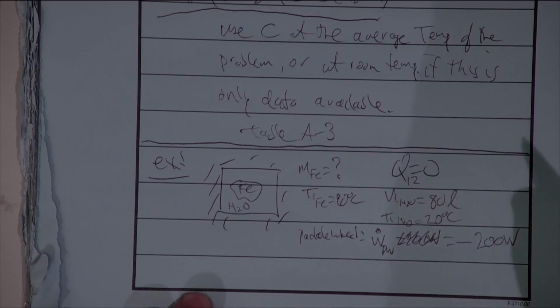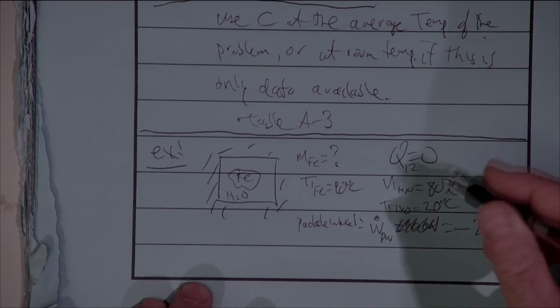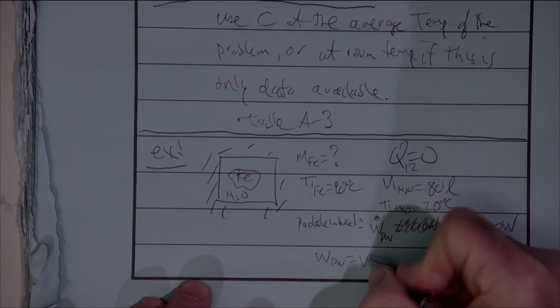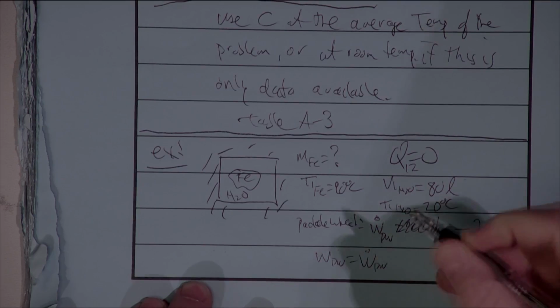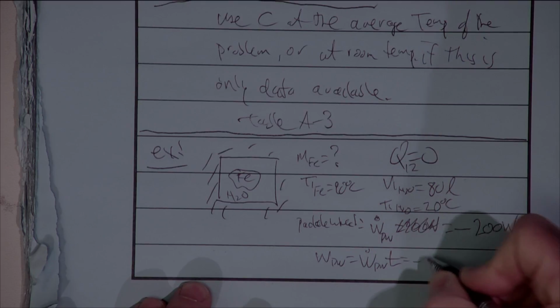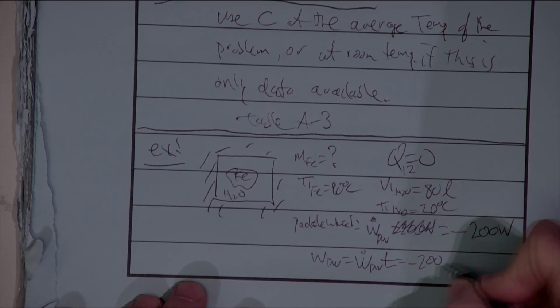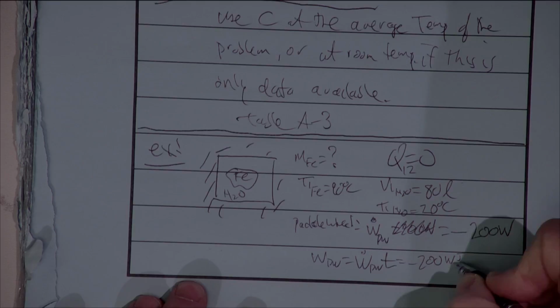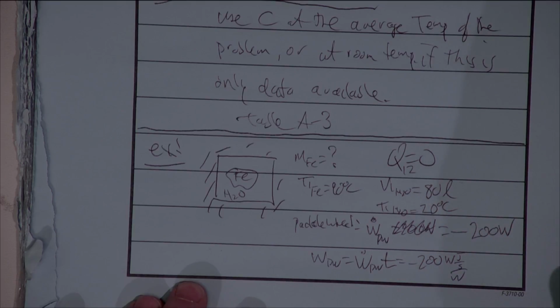And then we would know that the work associated with the paddle wheel is just going to be the power, which is going to be kilojoules per second times time. So this is going to be minus 200 watts, which is the same as a joule per second per watt, and then times the time, which is 25 minutes.